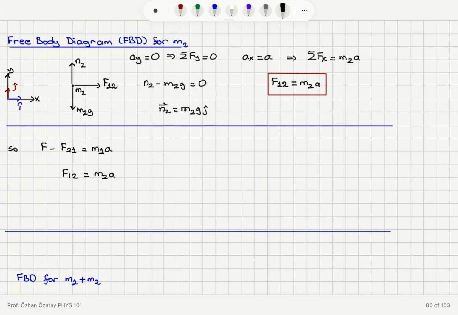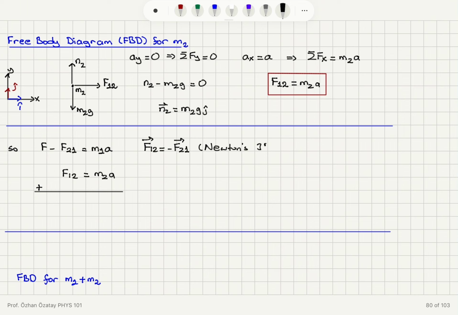So if I add these two equations, what would I find? Since F12 is equal to minus F21 as a vector, they have the same magnitude. This is Newton's third law.